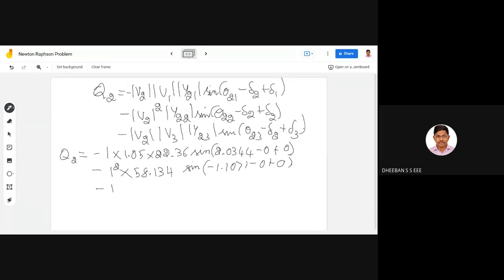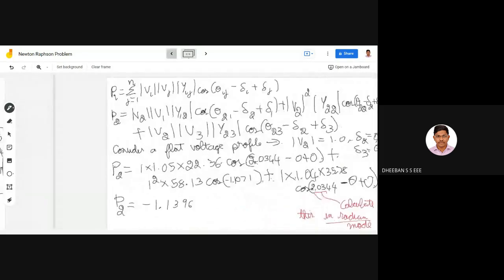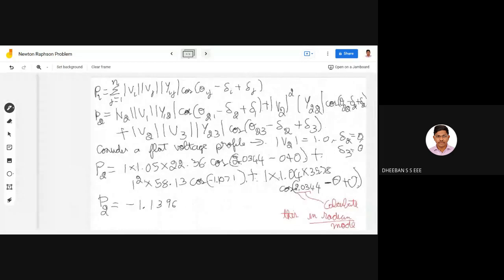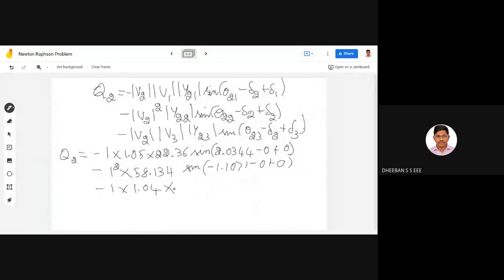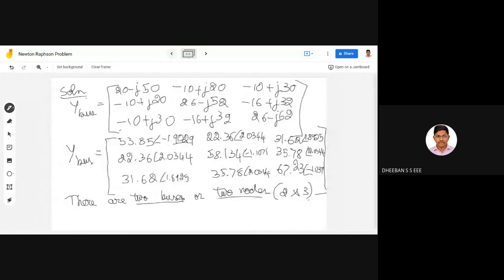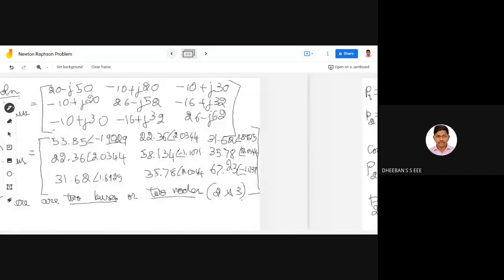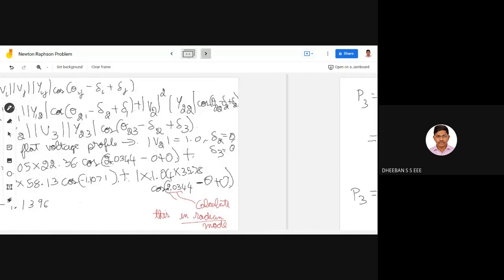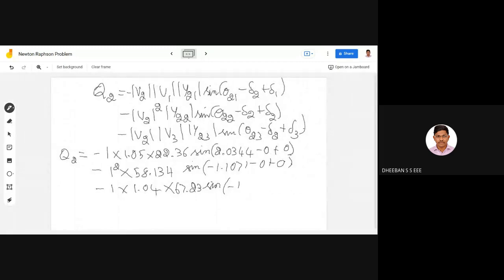And minus V2 is 1 into V3 is 1.04 into Y23, it is 67.23, into sine of minus 1.1739 followed by 0 plus 0.